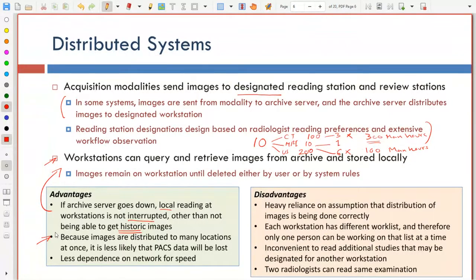I don't think data loss will be that much of a problem in either, so I don't think this is a real advantage, to be honest, because the client server is also very secure as far as the data is concerned. It's probably not very much different from what happens in the client server.